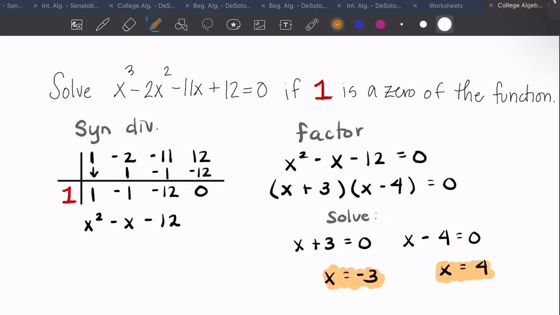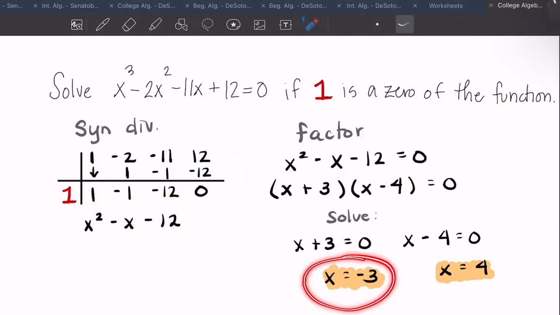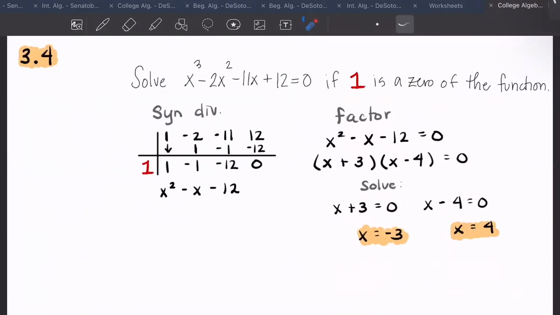So again, what I just found was that 1 is a 0 of the function. So I used that as my C, did synthetic division. I got this polynomial. I factored and solved that polynomial, and the 2 x's that I found are also zeros of my polynomial, or my equation, I should say.